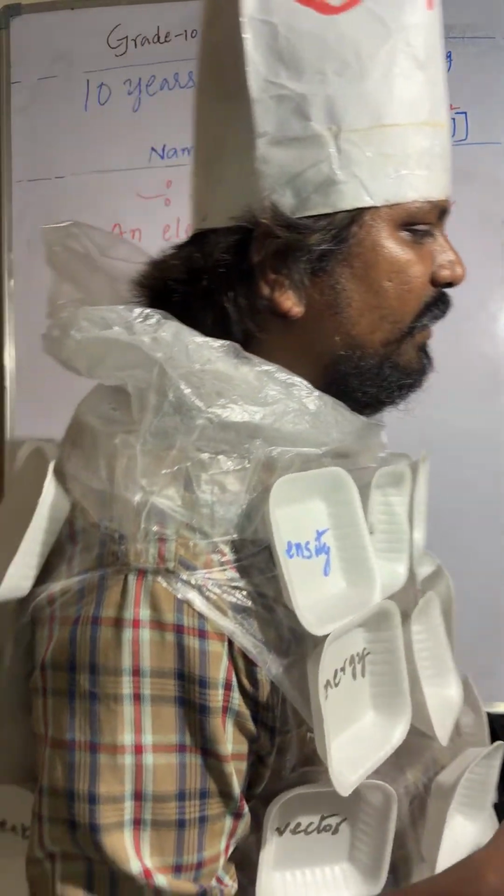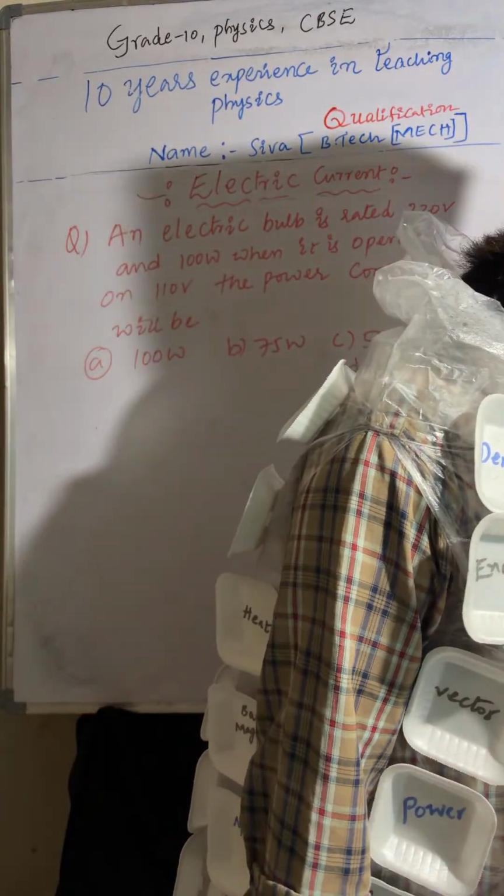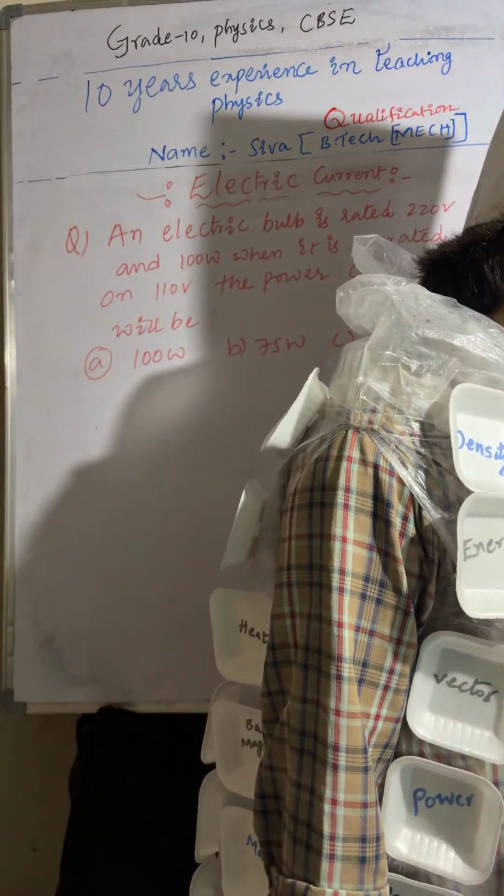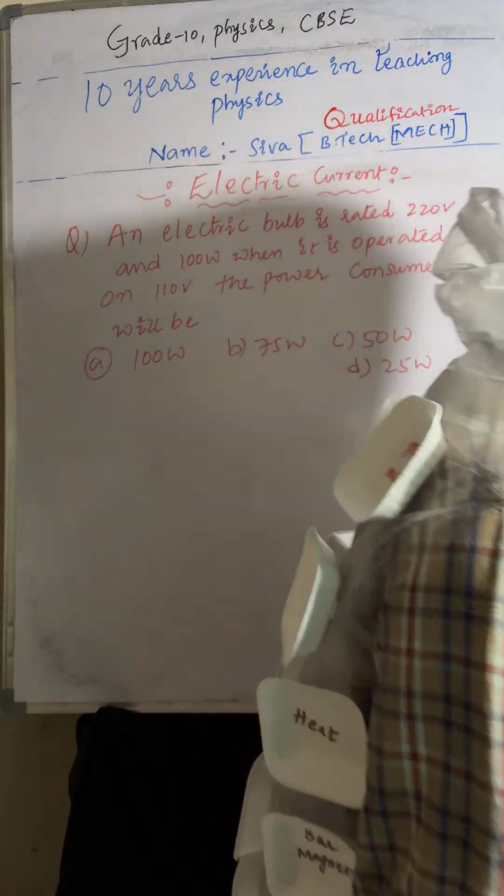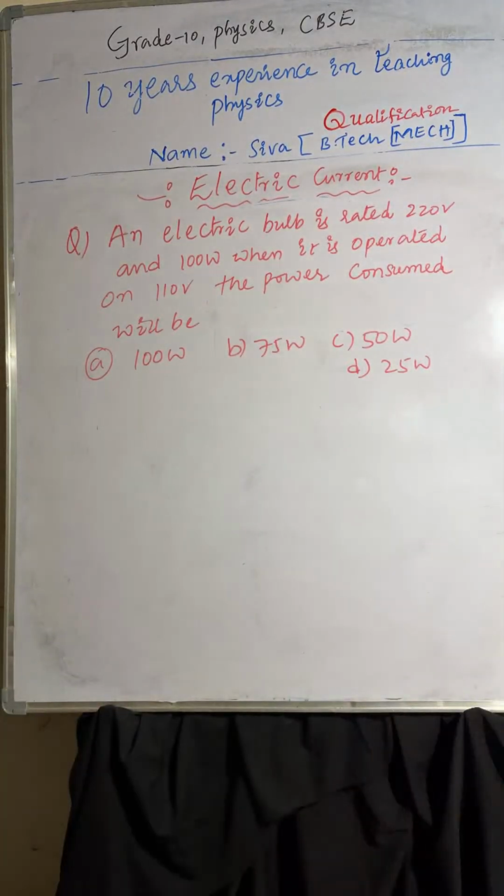So try to identify the answer to this question. An electric bulb is rated 220 volts and 100 watt. When it is operated on 110 volt, the power consumed will be? So what is the answer? First you have to find out the resistance.